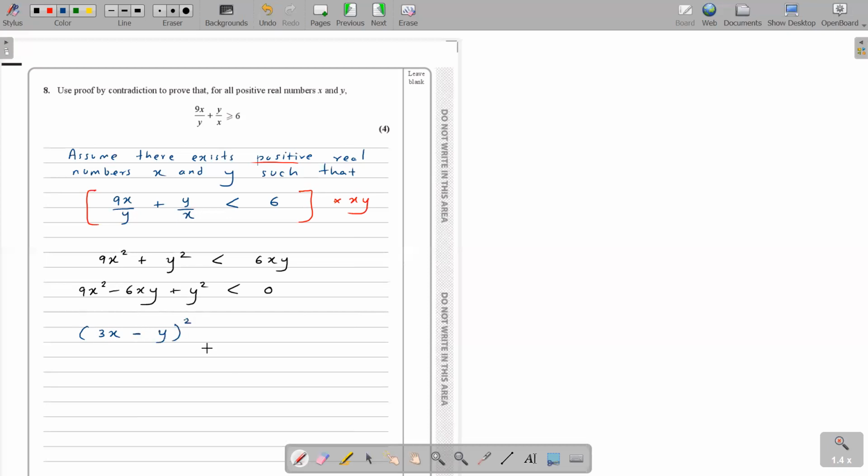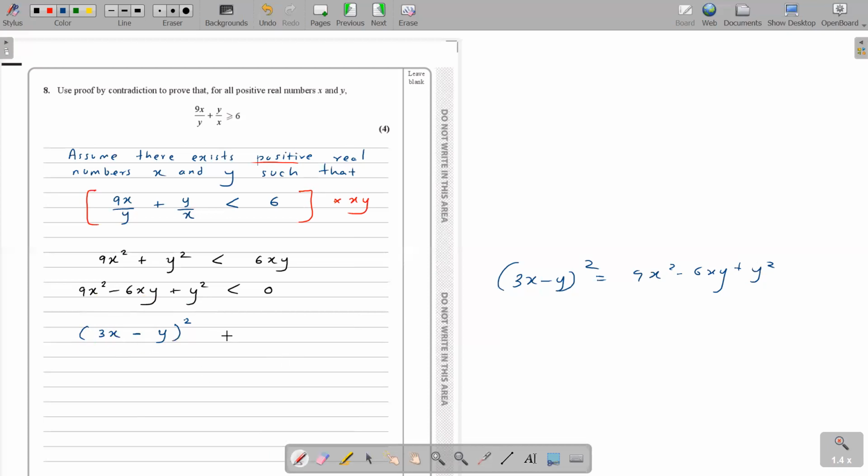Look at (3x minus y) square. 3x minus y into 3x minus y: 3x squared is 9x square, 3x into minus y is minus 3xy, times 2, minus 6xy. Do you see that I get this immediately? (3x minus y) the whole thing square is 9x square minus 6xy plus y square, isn't it? You can manually open it. Anyway, you need to be able to see that this leads to something like this.